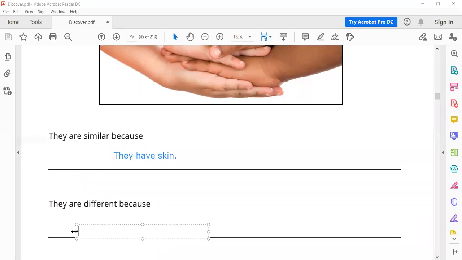They are different because they have different colors.